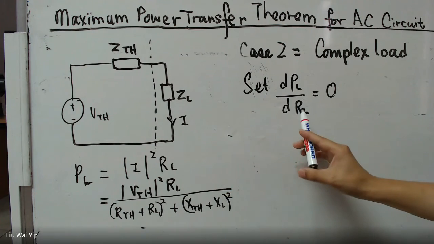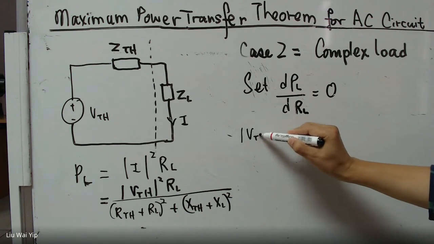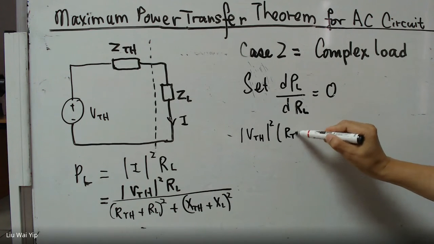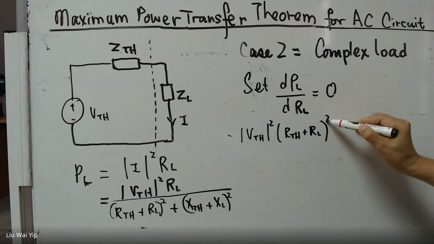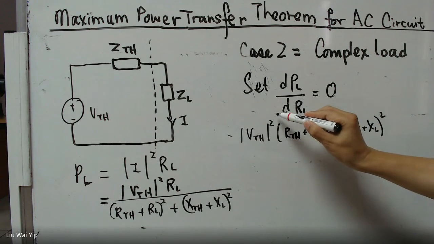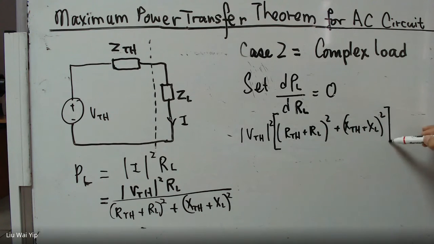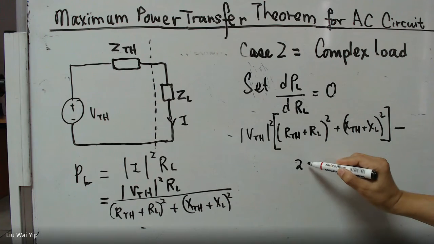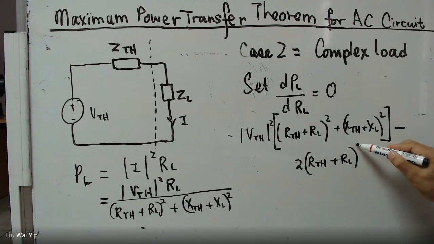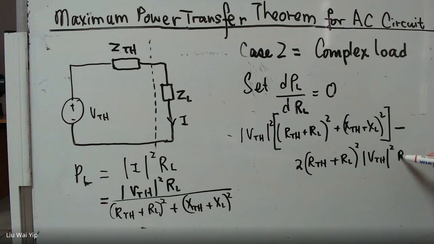Now, if we do that, then the first term will be VTH squared multiplied by RTH plus XTH plus XL, minus 2 RTH RL square, and then multiply by the top expression, equals 0.